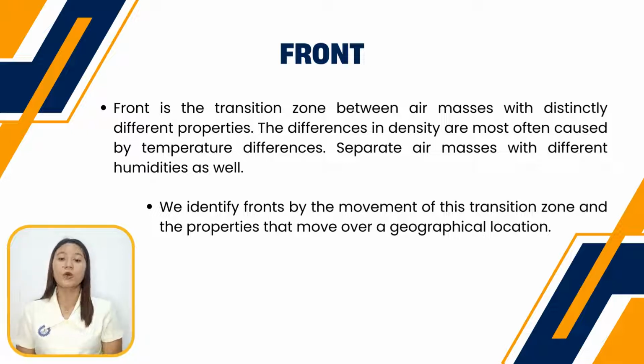More so, we identify fronts by the movement of this transition zone and the properties that move over a geographical location. Major weather changes occur along the boundaries between the different air masses, and these boundaries are called transition zones that, for practical purposes, can be considered as discontinuities and frontal surfaces.